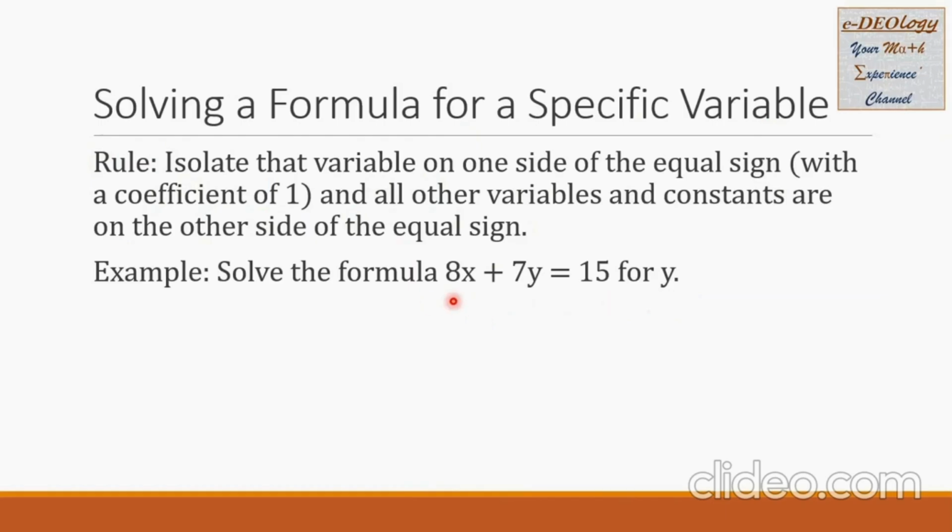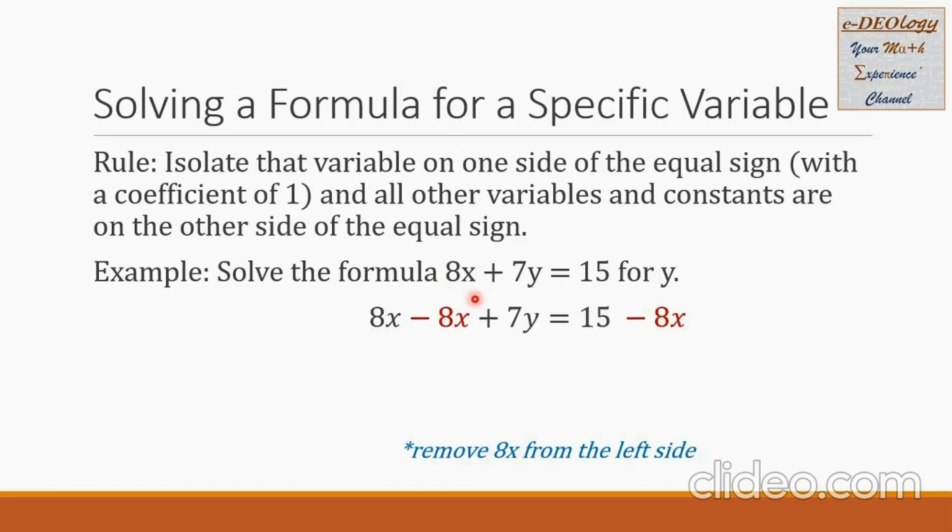Looking at our equation here, on the left side we have two variable terms, 8x plus 7y, equals a constant 15 on the right side. So it means on our left side we want to isolate the 7y. I'm going to remove the 8x. If I want to remove 8x, I should subtract 8x also.